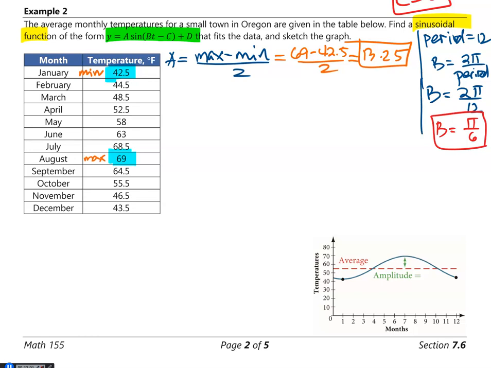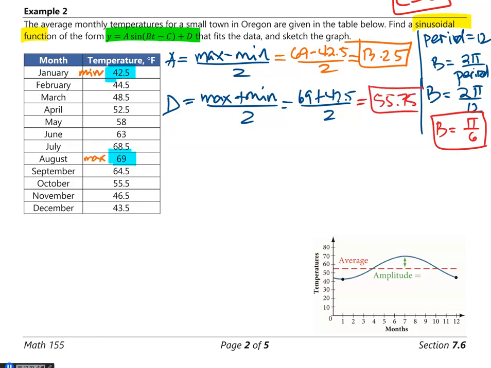What's next? About D. D is the average of the maximum and the minimum. So max plus minimum over 2. So this is 69 plus 42.5 over 2, add and divide it by 2. That is 55.75, or approximately 55.8.